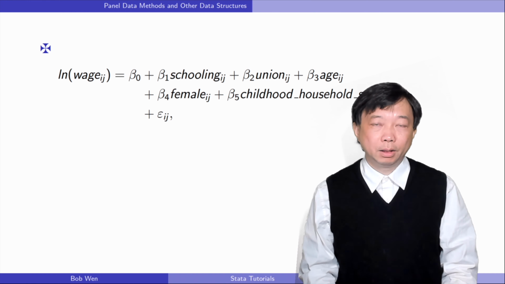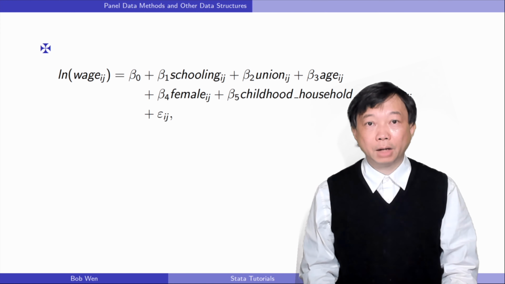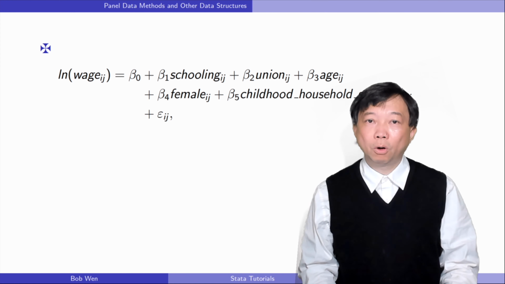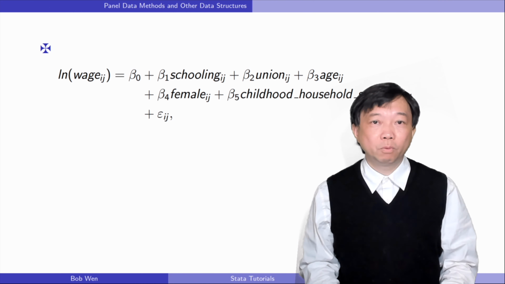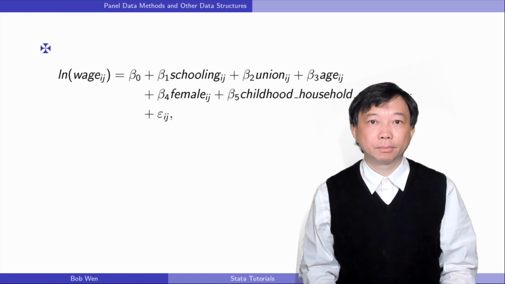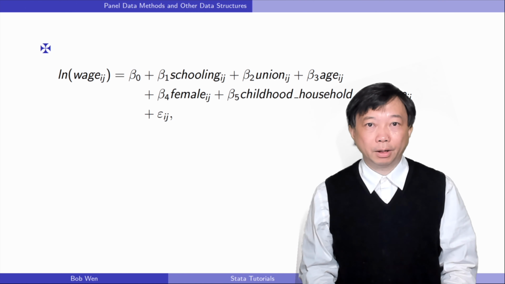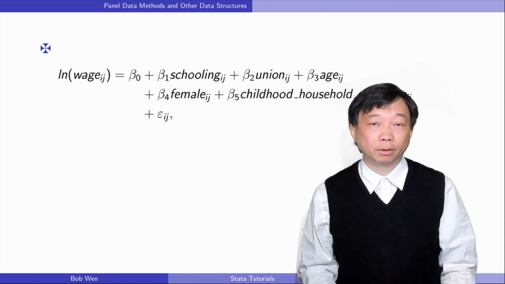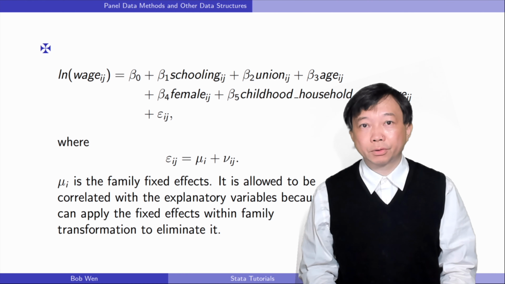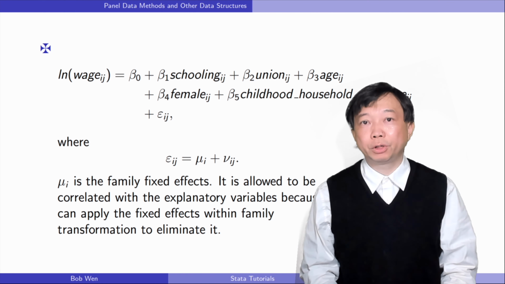For example, in 2019, I wrote a paper on the causal relationship between the trichord family structure and the workers' earnings. I assume there's something in common for all the descendants from the same family, such as the family traditions and genetic characteristics passed down over generations.